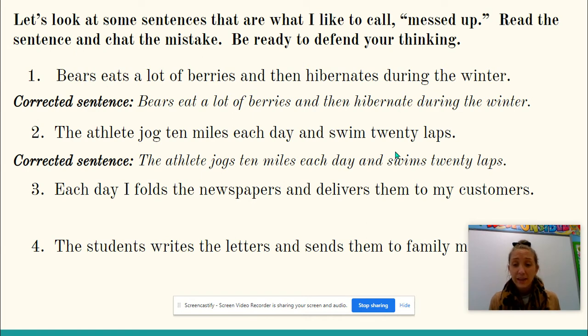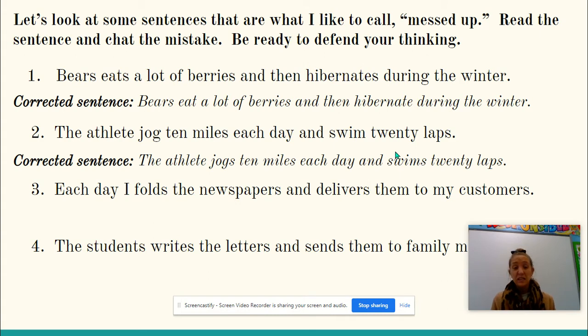All right, here's what I would like you to do. Read number 3 to yourself. What doesn't sound right in that sentence? You can actually read this one and hear the mistakes. Each day I folds the newspapers and delivers them to my customers.